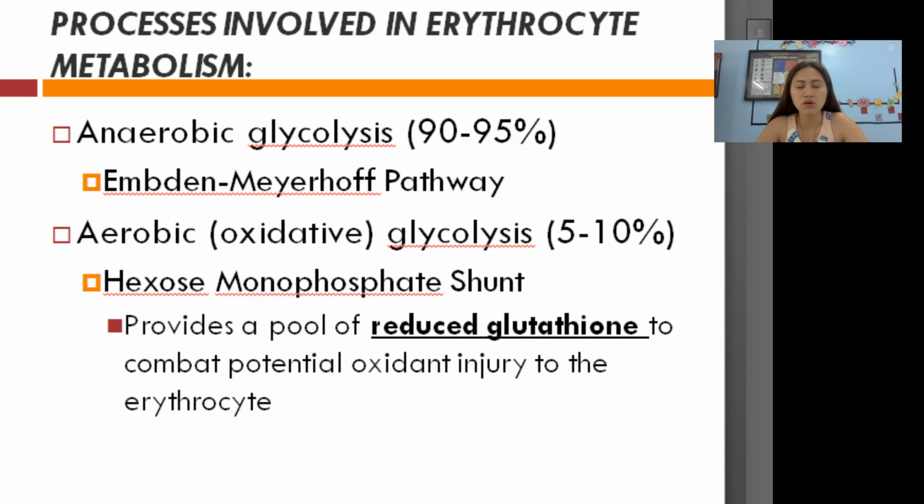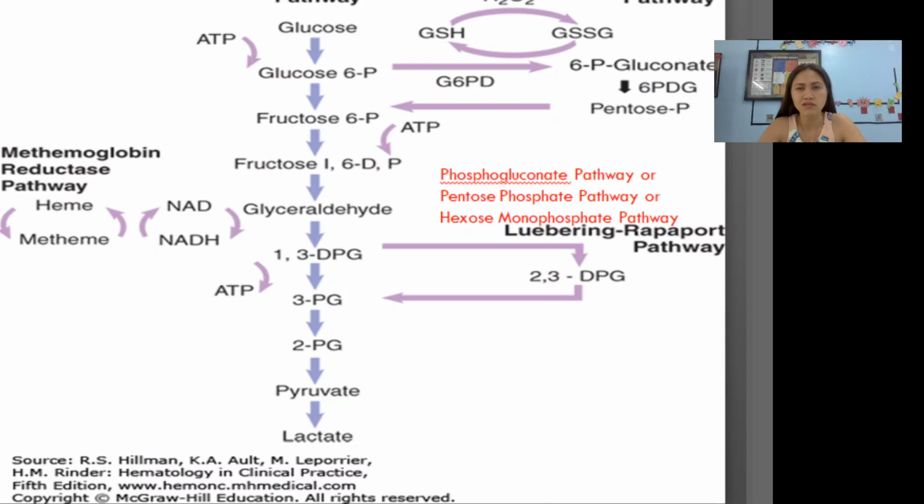So, as I've said, oxidative factors can injure our cells, especially our RBCs. So we need to have more reduced glutathione so that we can combat this potential oxidant injury that will destroy our cells or even our RBCs.